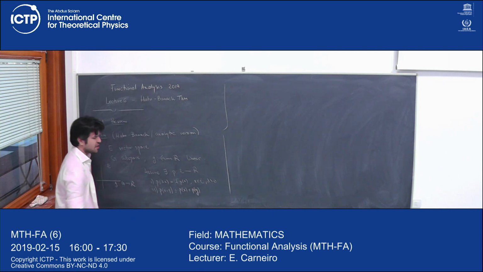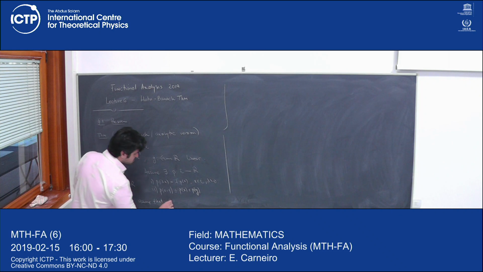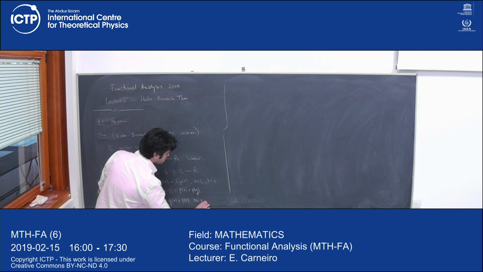This is like having an upper bound function, right? And assume also that your function little g is less than or equal to this function P for x belonging to G.